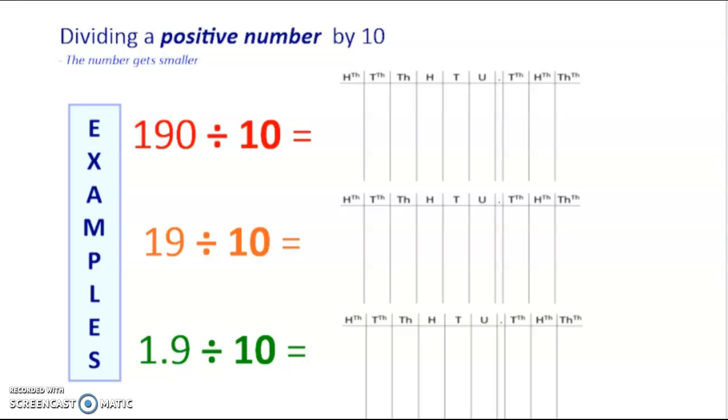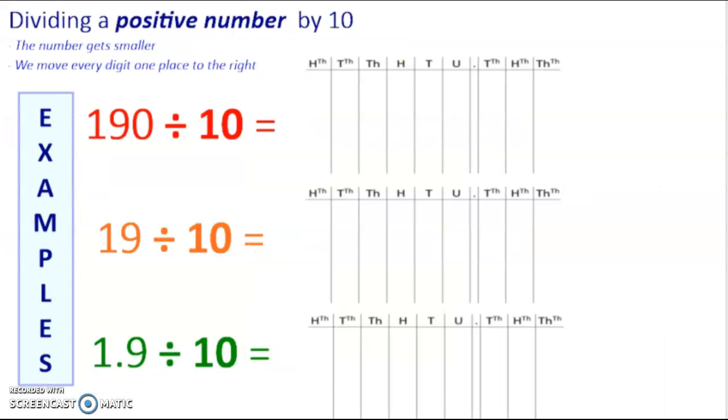And when we multiplied by 10, we moved all the digits one place to the left. What do you think we do with our digits when we're dividing by 10? That's right, we're going to move them this time one place to the right.